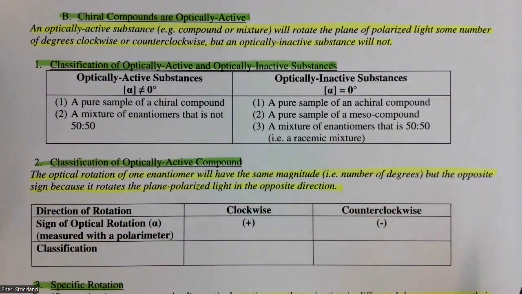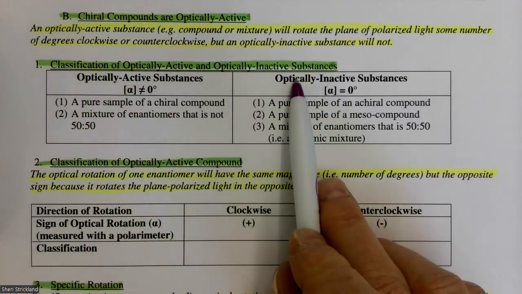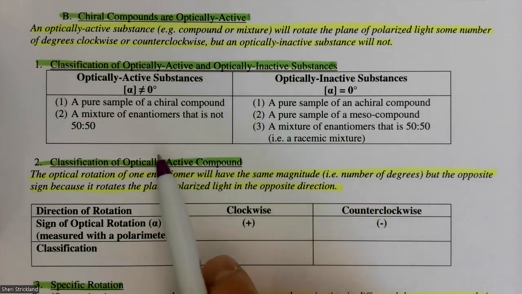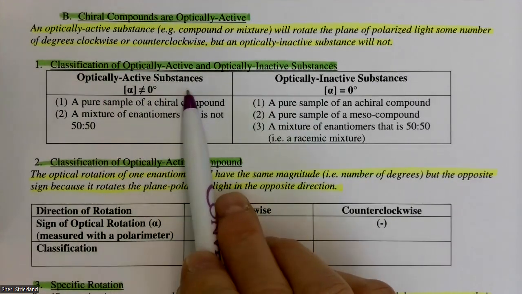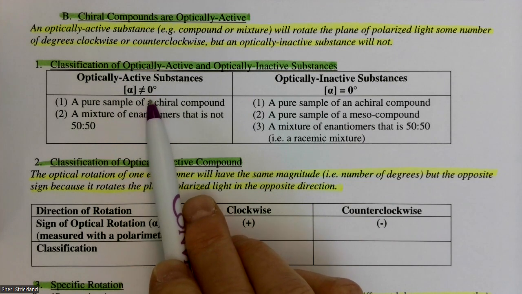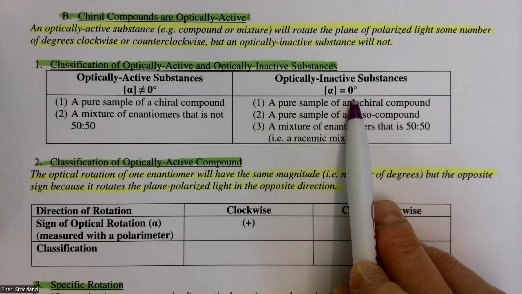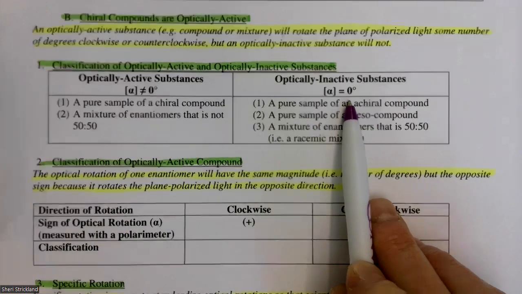And so you can classify substances as optically active or optically inactive depending on how they act in a polarimeter. So optically active substances will have an optical rotation which is not 0 degrees. Optically inactive substances will have an optical rotation of exactly 0 degrees.